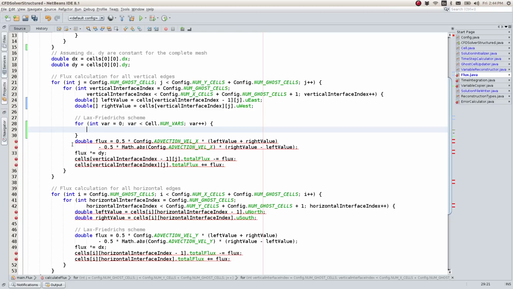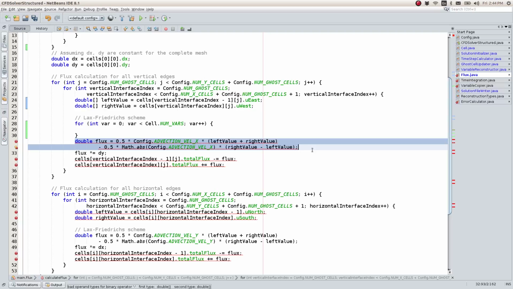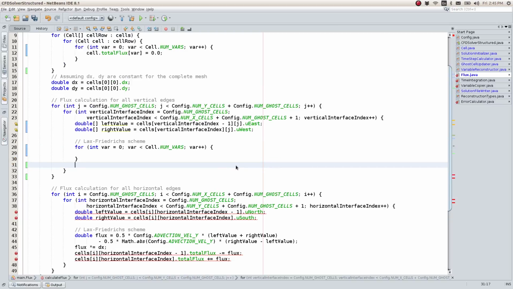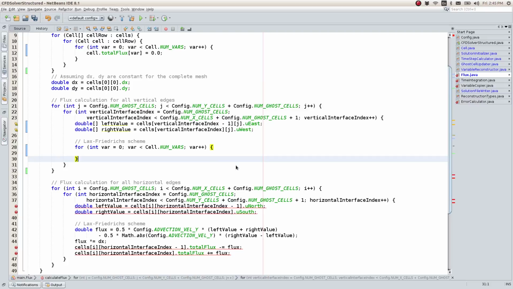For each of the variables I need to calculate the flux, and I need to multiply it by dy, and I need to add it to the flux or subtract it from the flux. Okay, so all these things will go inside the variable.